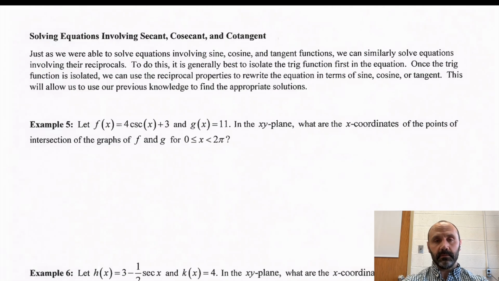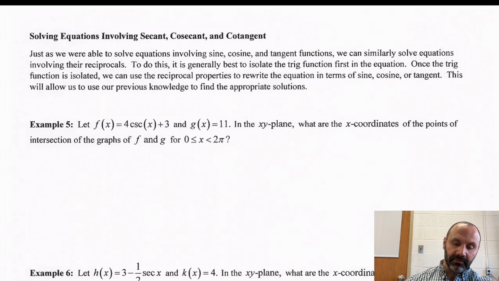Okay, continuing to apply what we know here, just like we can answer questions about asymptotes and zeros and maxima and minima, we can also solve these equations the same way we did before. The general approach is to get your equation together, isolate the trig function, and then take that extra step of putting it in terms of sine, cosine, and tangent.